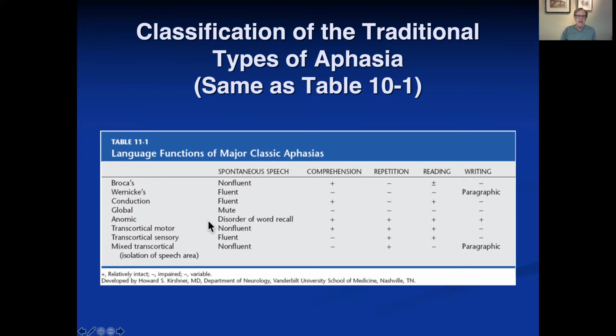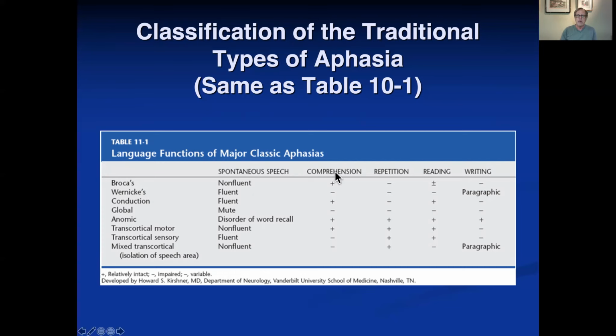And then anomic, also they could be referred to as fluent, and they are, but they have difficulty with word recall. And then non-fluent, fluent, non-fluent. So we'll go through each of these, but I just wanted to show this basic dichotomy between non-fluent and fluent as a very important factor that goes into typing the different types of aphasia.